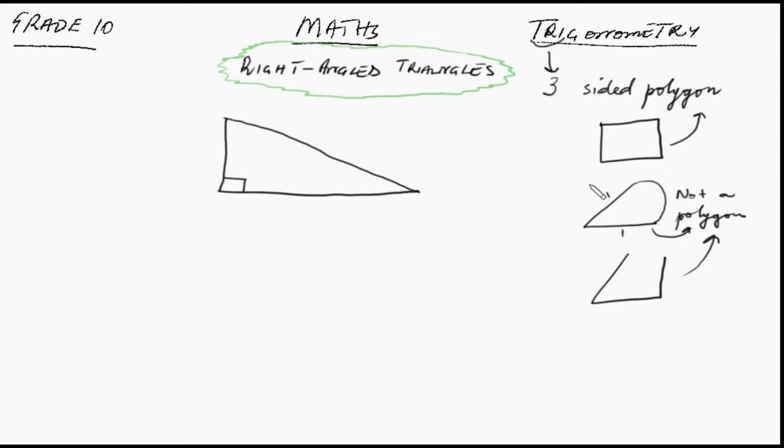A triangle is a 3-sided polygon, a closed shape with 3 straight sides. So we have 1, 2, 3 sides, all the sides are straight and it is closed. There is no opening anywhere, so it's a polygon. A triangle is a polygon with 3 sides.